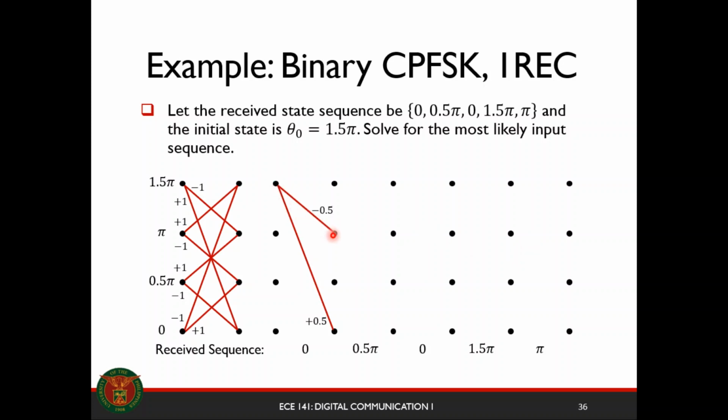That means your cost is negative 0.5. So that's pi minus 1.5 pi. That's cosine negative pi over 2. You integrate that over one period, you get negative 0.5. And the opposite is true when you transition from 1.5 pi to 0. Okay? So you actually increase your cost function, it becomes positive 0.5.